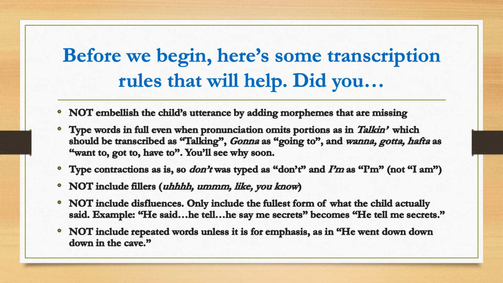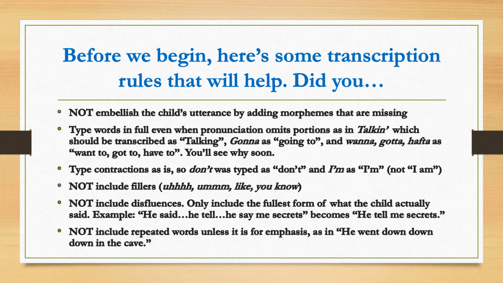Before we begin, just a quick check of your sample to make sure that you've followed the modifications mentioned by Stacy in Module 4. First, we only type what the child, not what the adult, said, and with no embellishments. If a word or a bound morpheme was omitted by the child, we do not add it in.